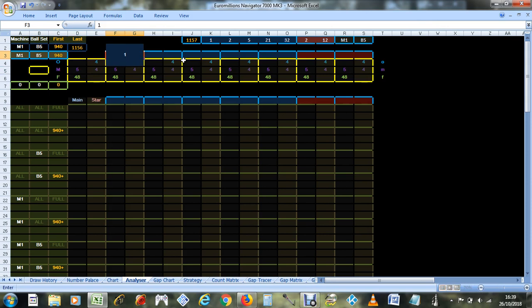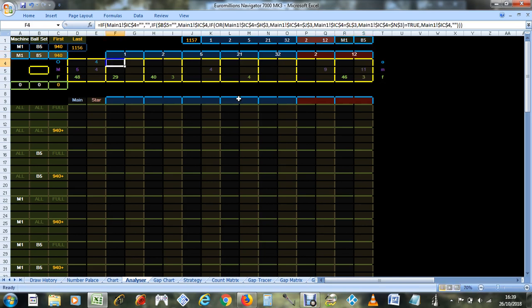So what I'm going to do is put these numbers at the top of each of these live analysis sections, and underneath in the yellow box it produces an analysis for each of the numbers.